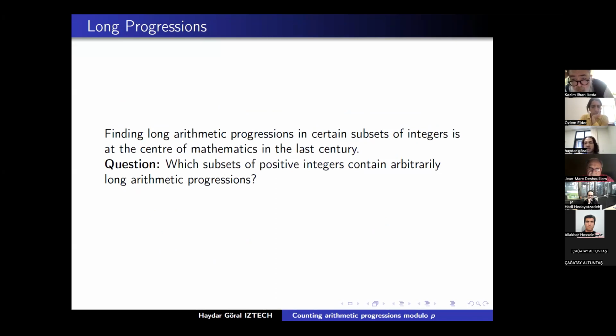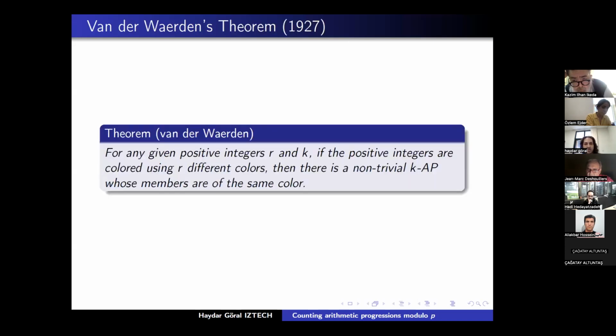Arbitrarily long means it contains a 3-term arithmetic progression, a 4-term arithmetic progression, or a k-term arithmetic progression for every k, but it doesn't mean that it actually contains an infinite arithmetic progression. They are really different things. If it contains an infinite arithmetic progression, of course, it contains arbitrarily long arithmetic progressions, but the other way around is actually wrong.